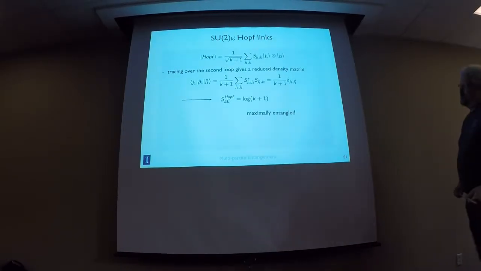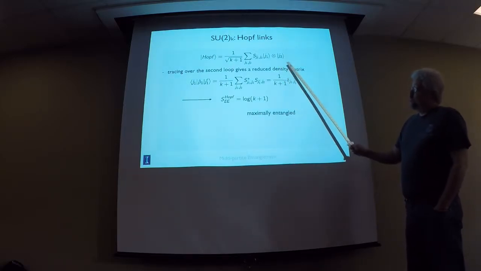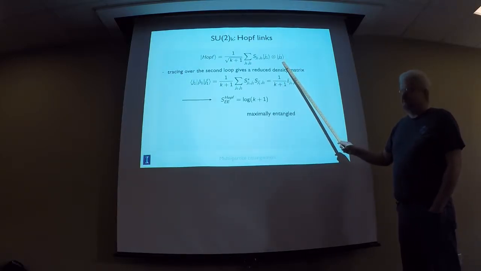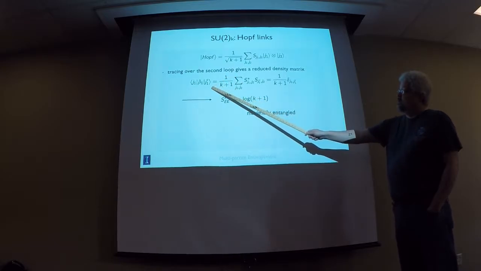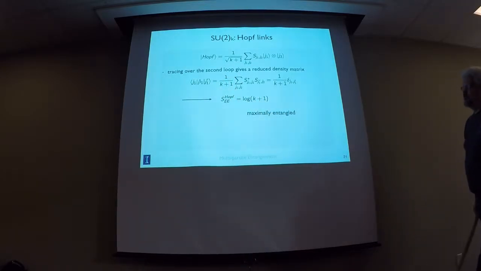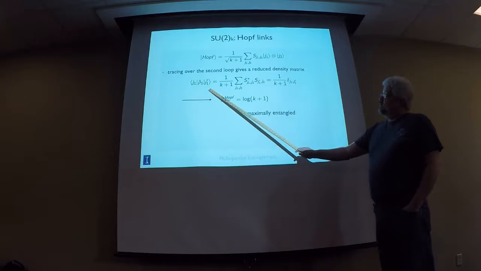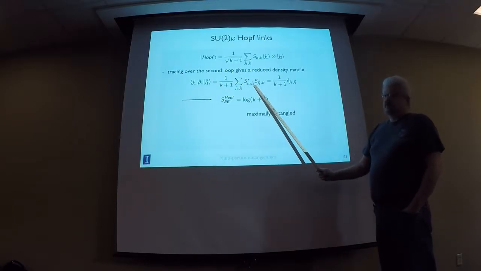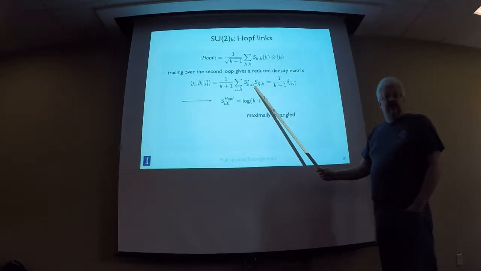Okay, so there's the state again. Now, if I trace over the second loop to get a reduced density matrix, and take the matrix elements in the first Hilbert space, what I get is a sum of products of the S's.